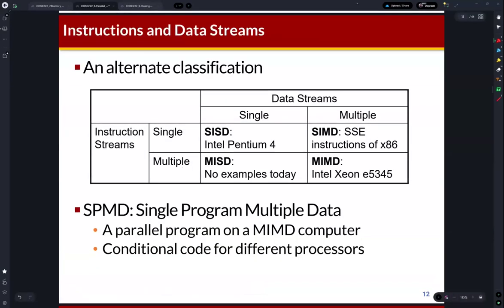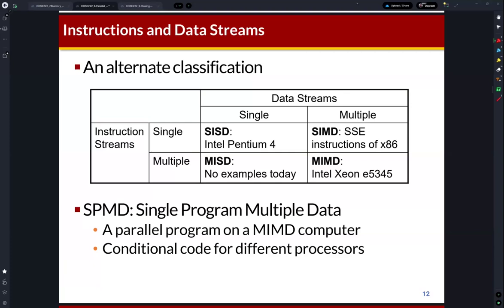We can classify computer processors using the class of instruction streams and the class of data streams.